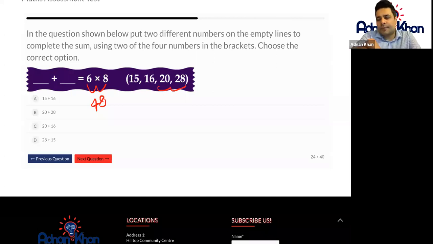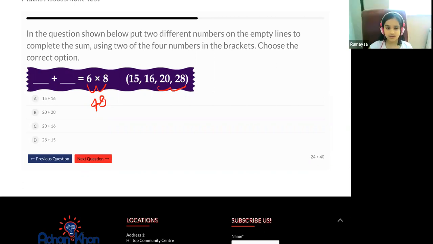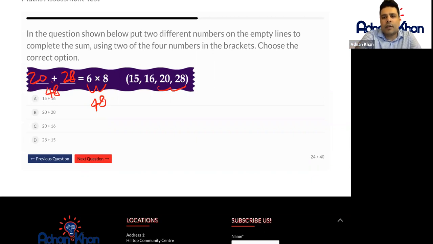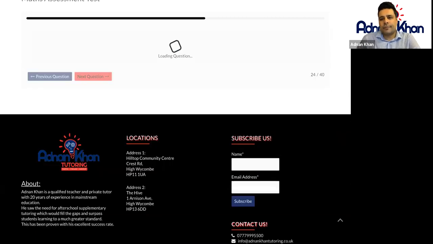Which two numbers? 20 and 28. Yep, so 20 add 28 will give us 48 on this side, and that's how we balance the equation on both sides as well. So 20 and 28 will be the two missing numbers that we're looking for to finish that one off. So well done.